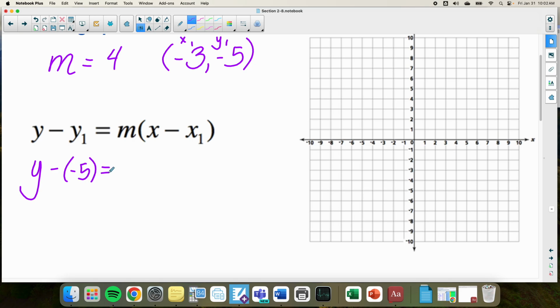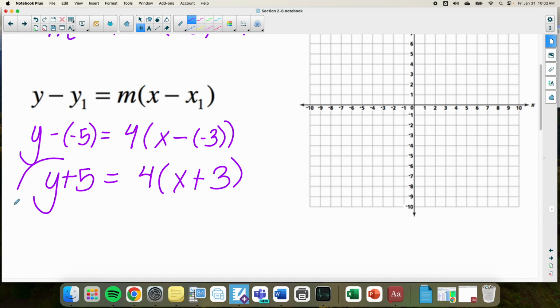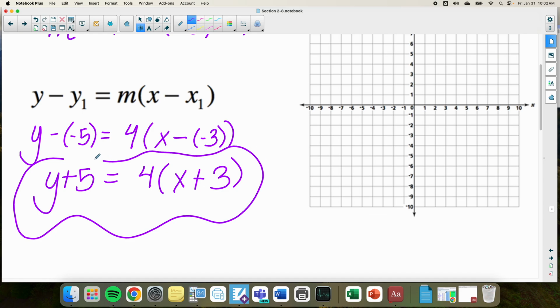Okay, my m is 4, and then I'm gonna go x minus, and x1 is -3. All right. In math, when we have 2 negatives in a row, it changes to positive, and then we have 4 times x plus 3. So here is my equation.